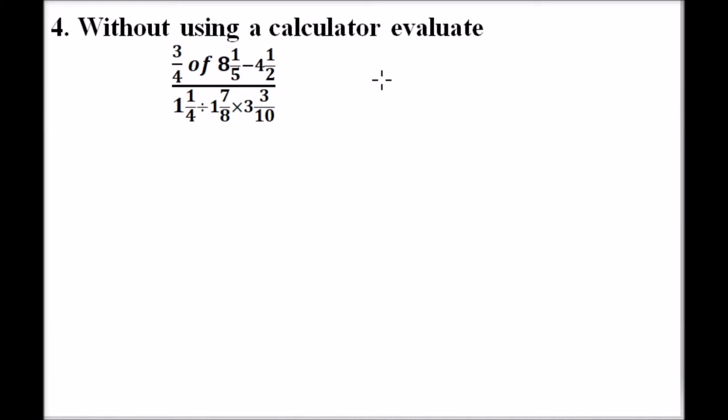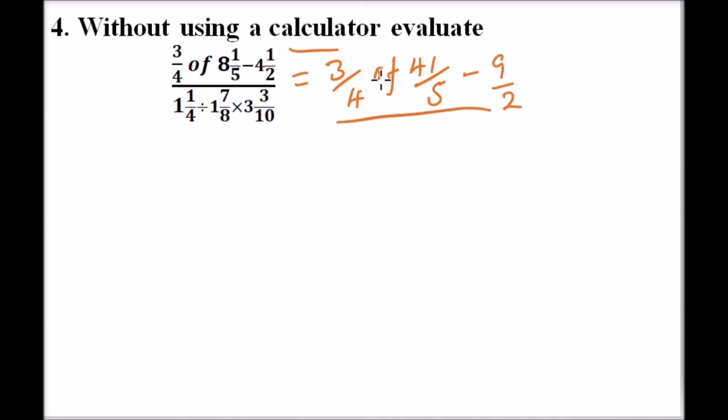First of all, you are supposed to note the instruction that you do not use a calculator. Then we are given a fraction here, so we are required to work on it. First of all, we write the fractions in improper form. So we have 3 over 4 of 41 divided by 5 minus 9 divided by 2.